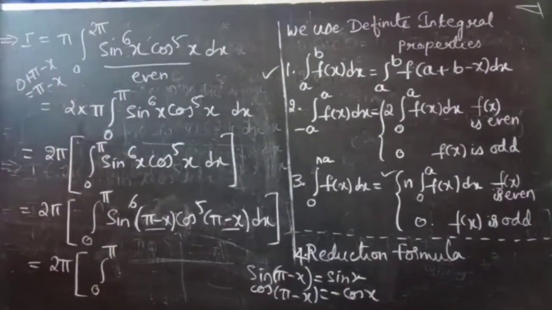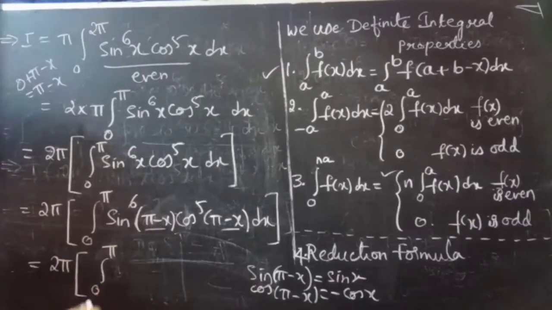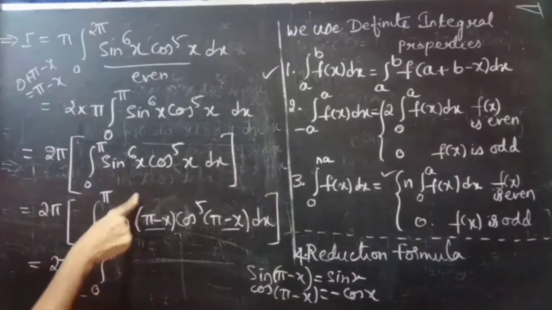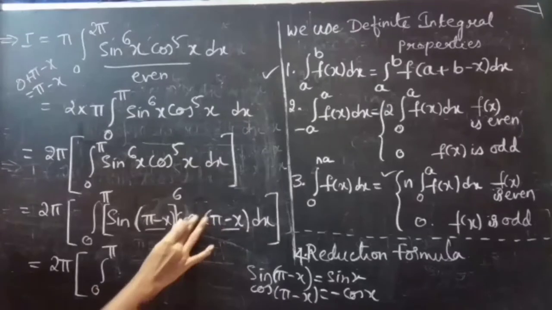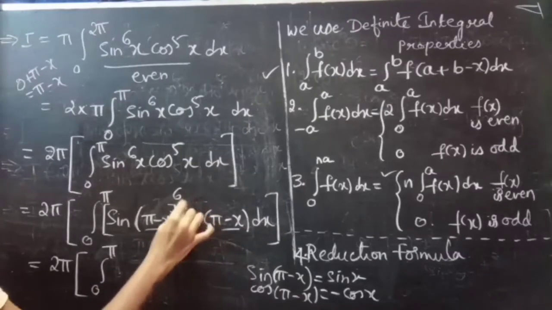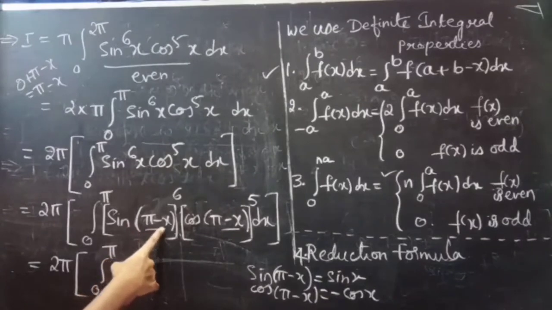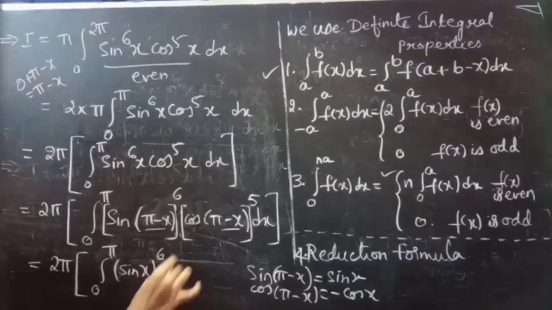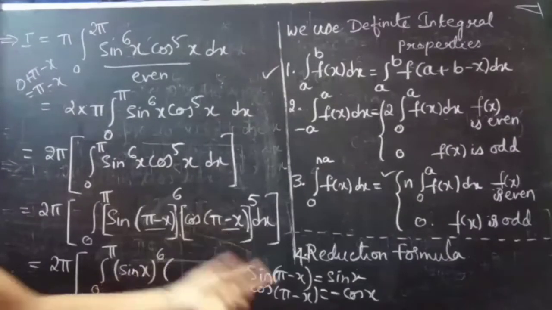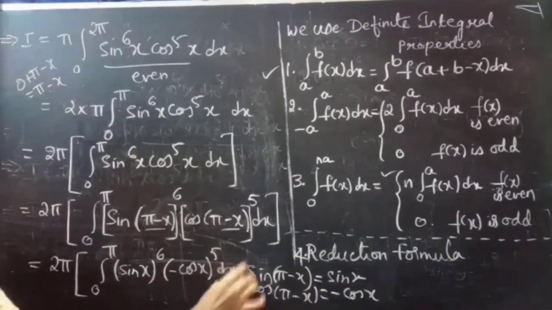So sin pi minus x whole power 6 is sin x whole power 6, into cos pi minus x whole power 5, which is minus cos x whole power 5, into dx.